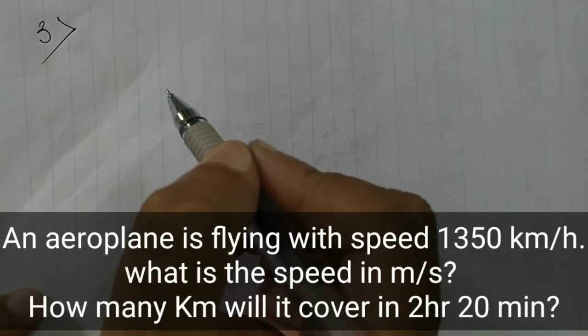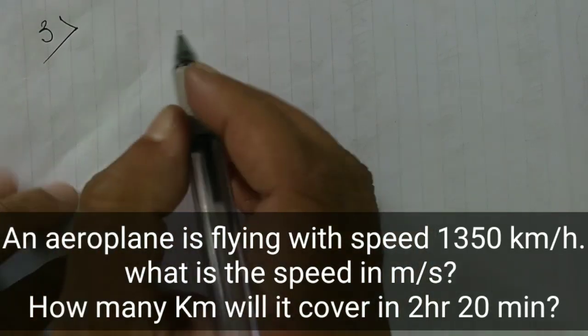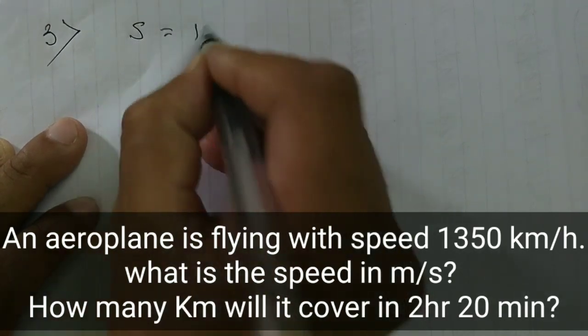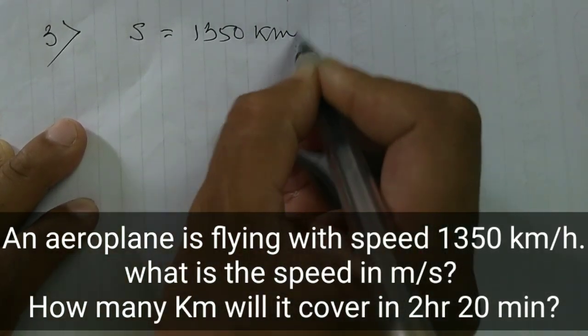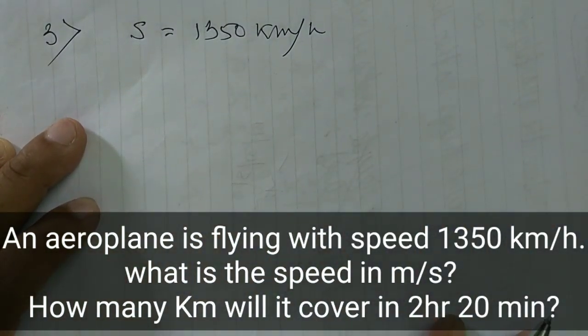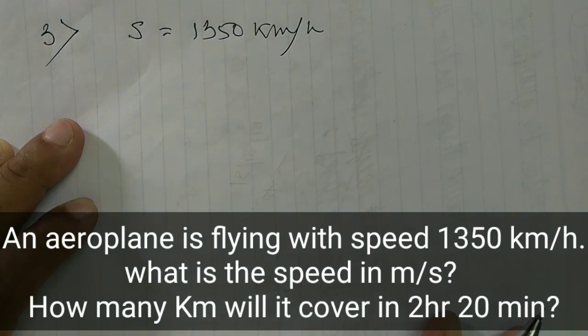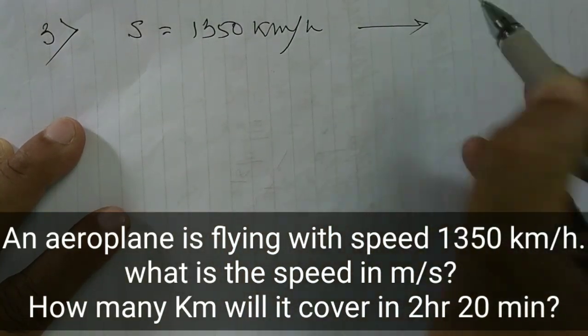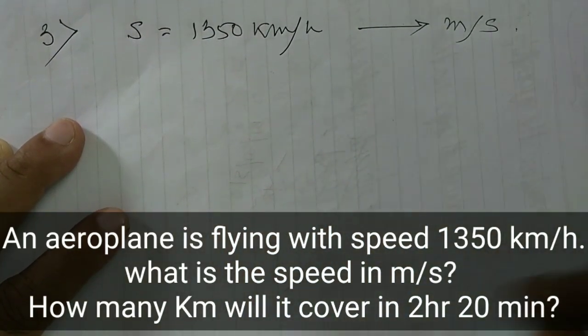An aeroplane is flying at a speed of 1350 km per hour. So what is the speed? 1350 km per hour. Now, what is its speed in meter per second? This kilometer per hour, we need to convert it into meter per second. How to convert it?